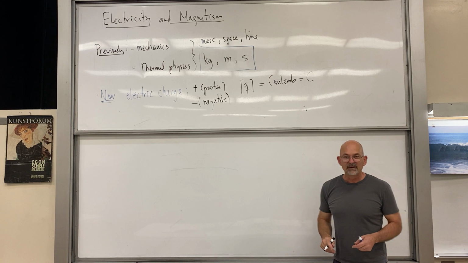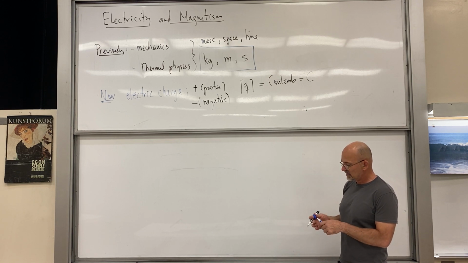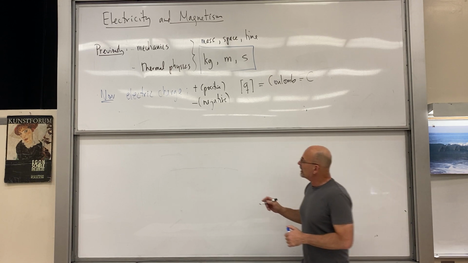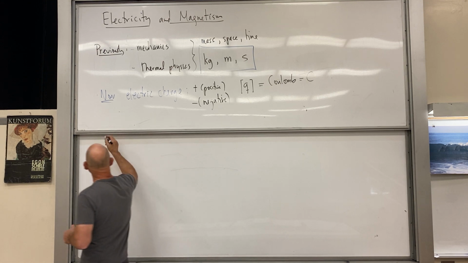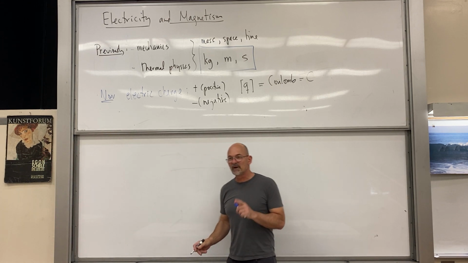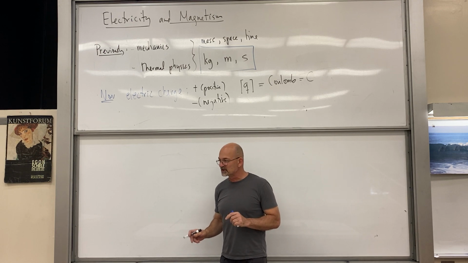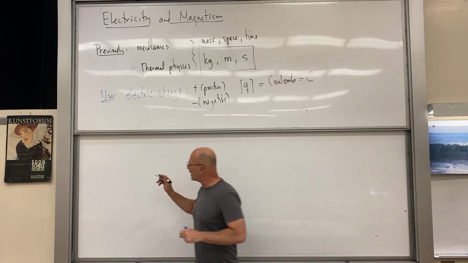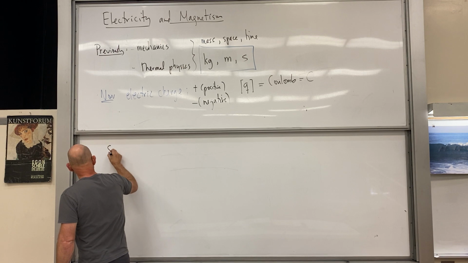Okay, so how do we discover electric charge? Experimentally, and I could possibly bring some in, but you guys should look some of this up or actually experiment yourselves. We're talking about static electricity.